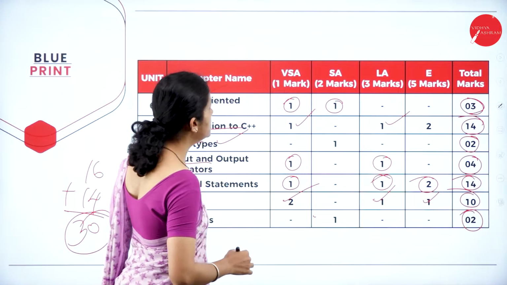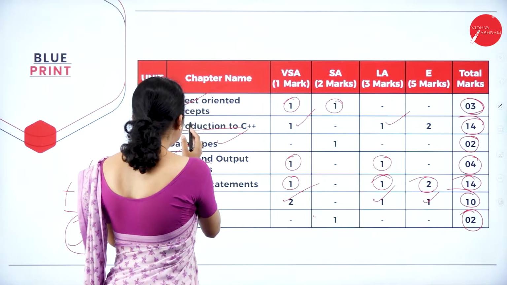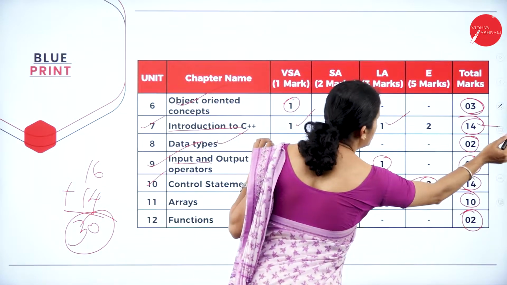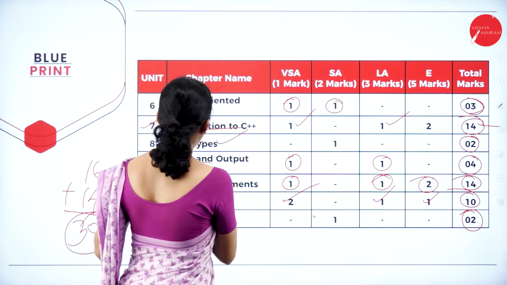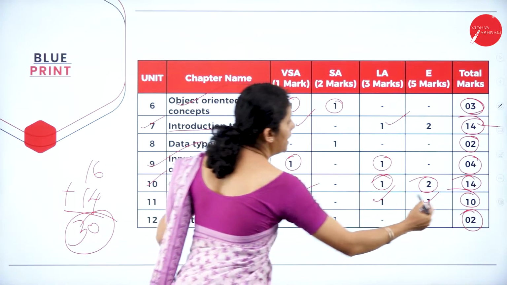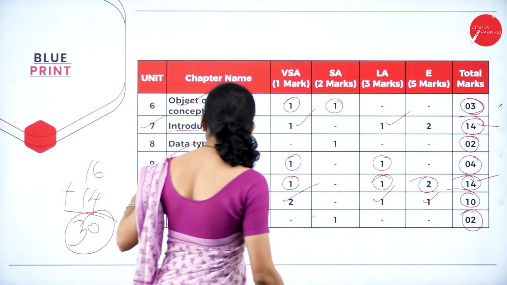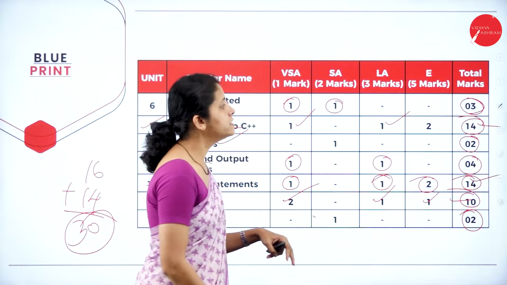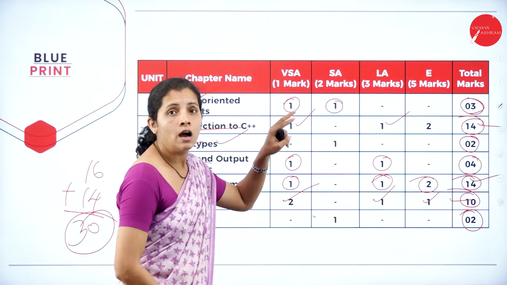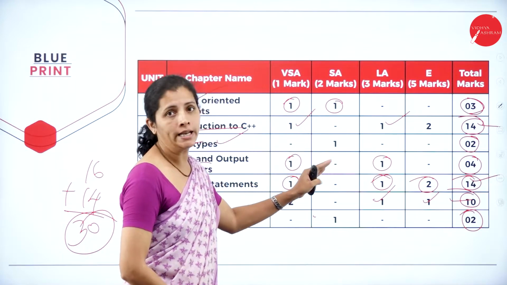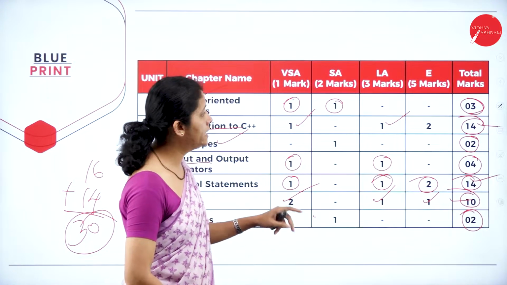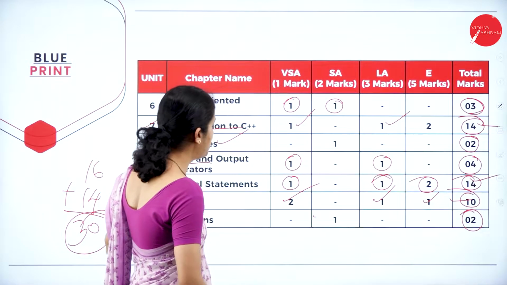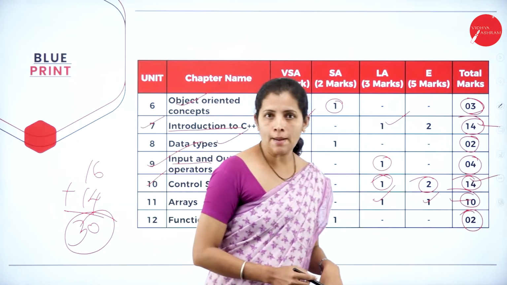Then I can insist you to study 7th chapter, that is 14 marks. And I can insist you to study 10th chapter as well as arrays, because these 3 chapters have high weightage comparing to 6th chapter or 8th chapter or 12th chapter.